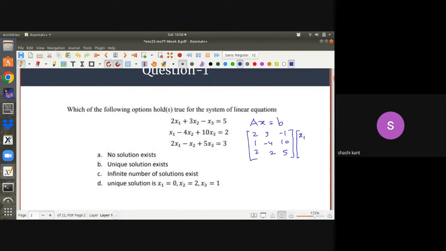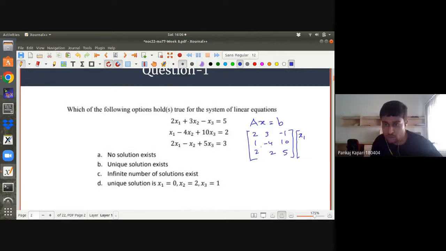Then x is the vector x1, x2, x3, and that is equal to the vector b, which is 5, 2, 3.